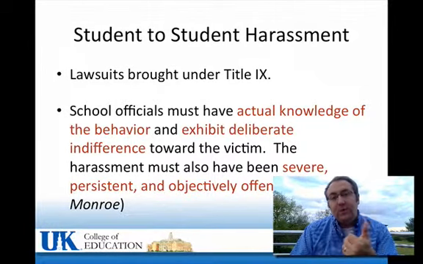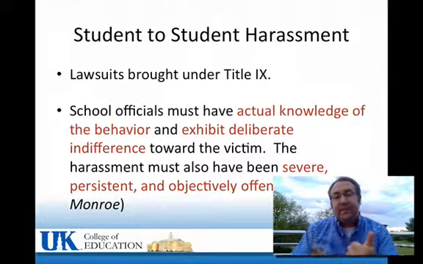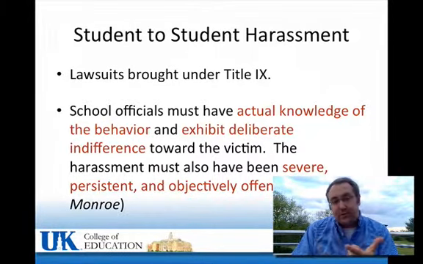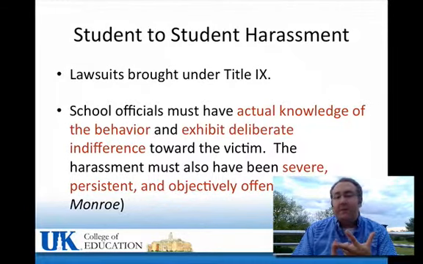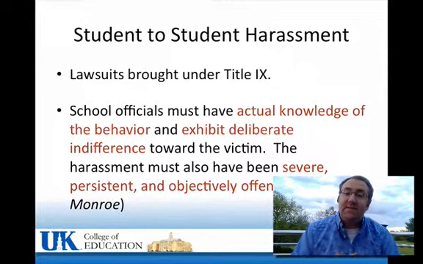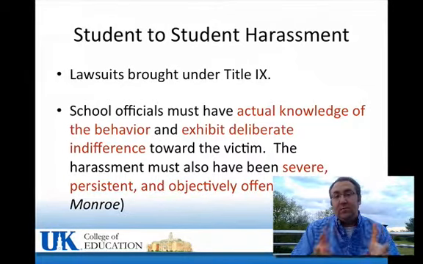If a school district knows about a student who is harassing another kid, they don't do anything about that harassment, and the harassment is severe, persistent, and offensive, then you can have a case against the school for student-to-student harassment.